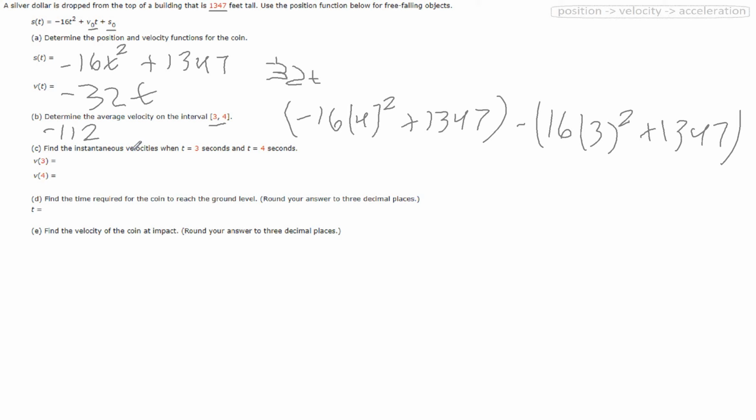To find the instantaneous velocities, which are different from the average velocities, we this time use the velocity function and just plug these two in.